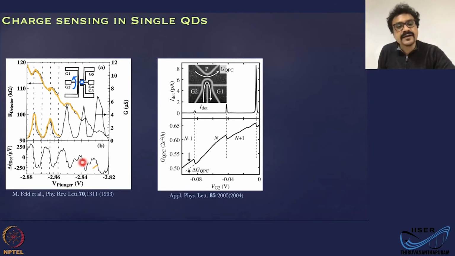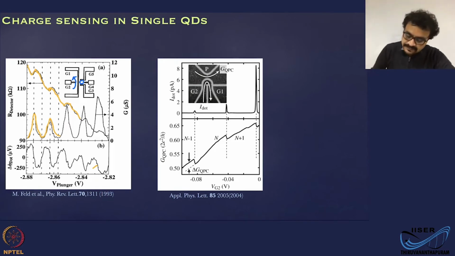And here there's a plot of the change in the dot potential extracted from the resistance change in the detector, the details of which we will not discuss now. So the point here is the Coulomb blockade oscillations here are felt by the current through the detector circuit, which is the quantum point contact. Okay, and this is the first report on the use of quantum point contact to sense charge motion in single quantum dot.